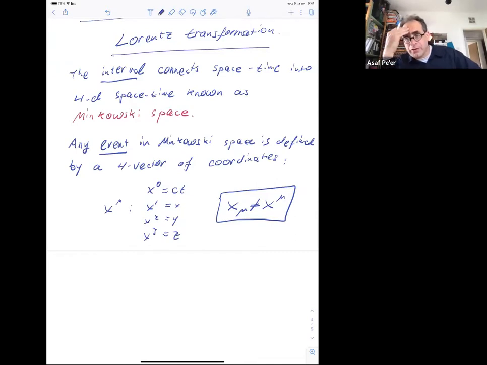Now, in very old textbooks, the time component is denoted by x4, but we don't see that anymore, so forget about it. Just a comment in case you're interested in going to the library and reading old textbooks. Okay, so this 4 vector of coordinates x mu, again upper index, can be any Greek letter that you put there. It's just a convention that people normally use. That fully specifies the space-time location of each event.